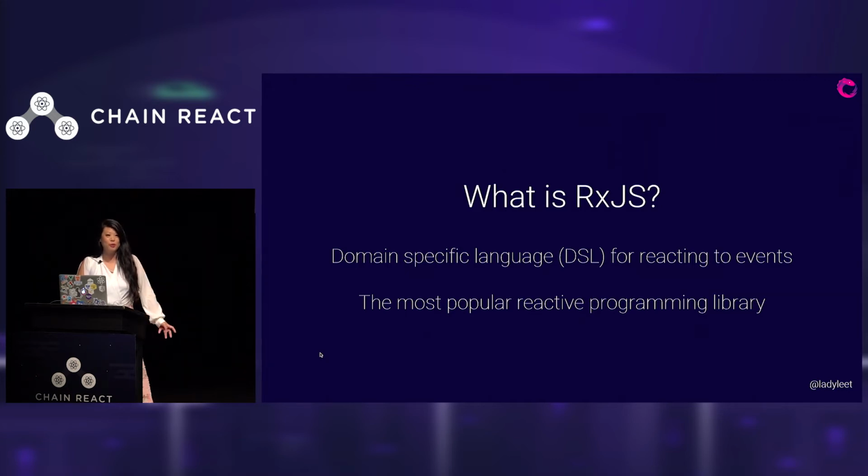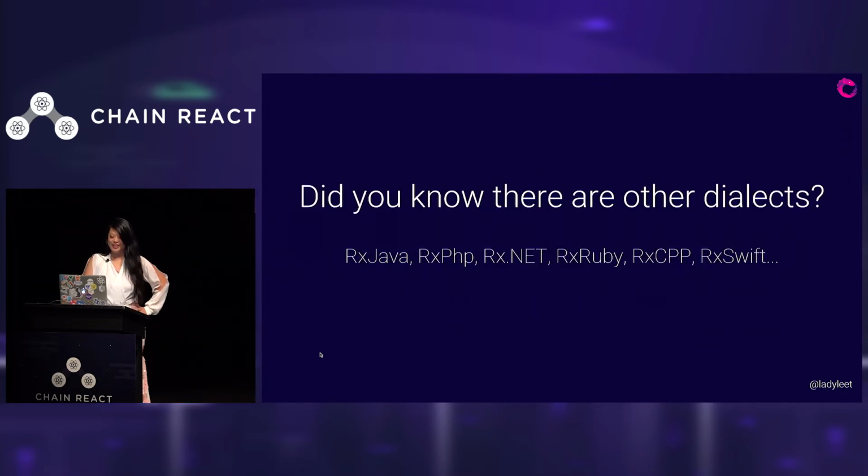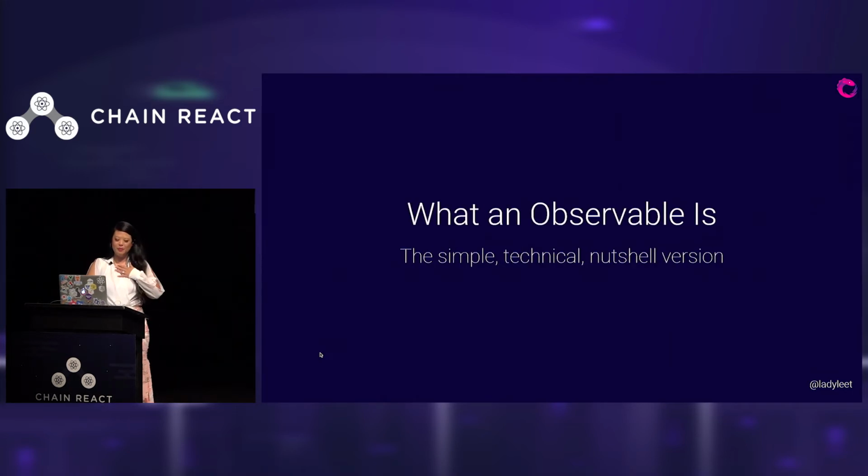It's also the most popular reactive programming library, with over 12 million downloads per month between RxJS 4 and 5 up, which, if it's popular, like these clear shoes Kim Kardashian told me were popular, you gotta start using it. There are also other dialects like Java, PHP, .NET, Ruby, etc. So if your backend teams are using it, it totally makes sense to use it in the front end, in my opinion.